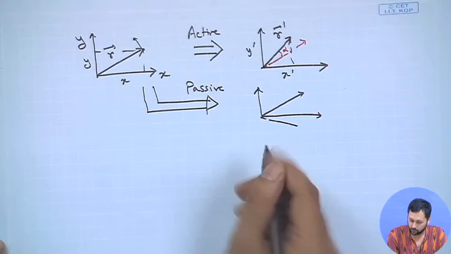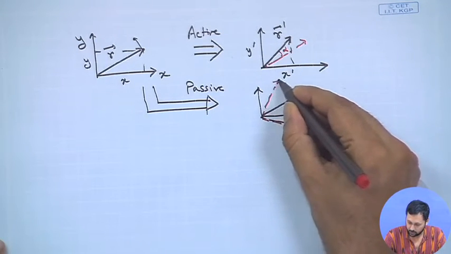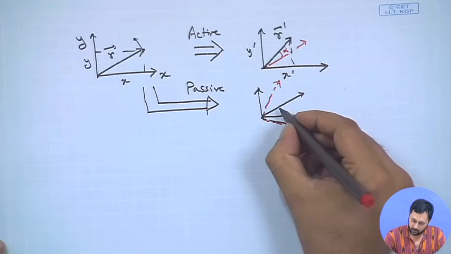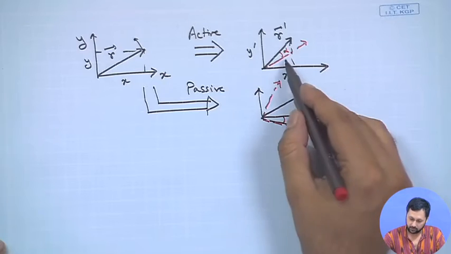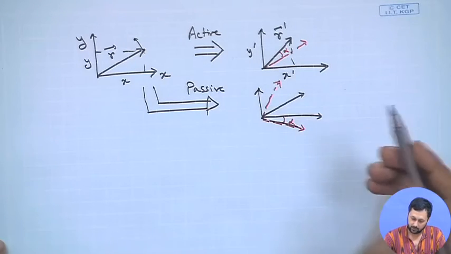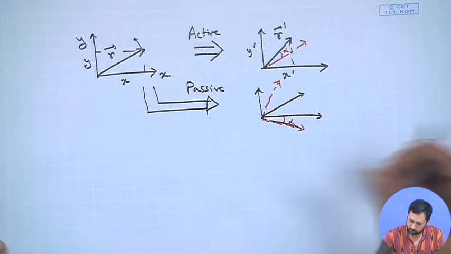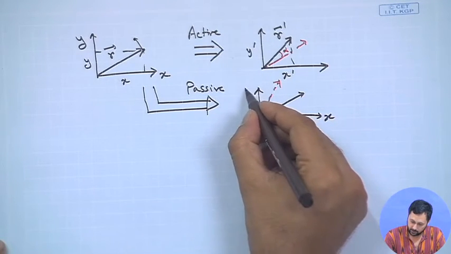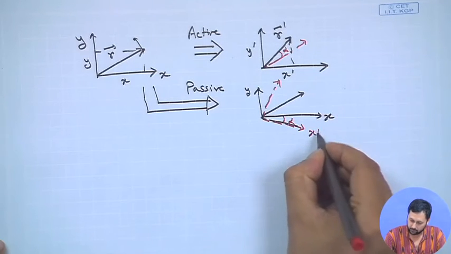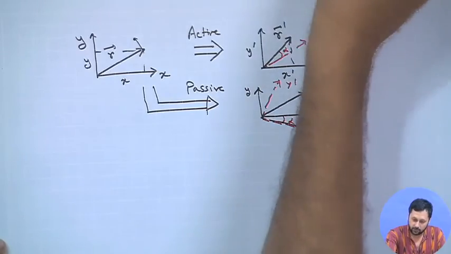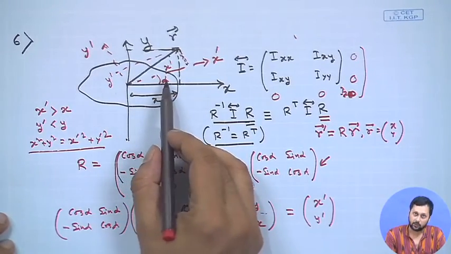Now we have a new set of coordinates which is rotated in clockwise direction by exactly the same amount alpha with which the vector was rotated in the first case. So this is a passive rotation. Initially we had x, y, and now we have x prime, y prime.